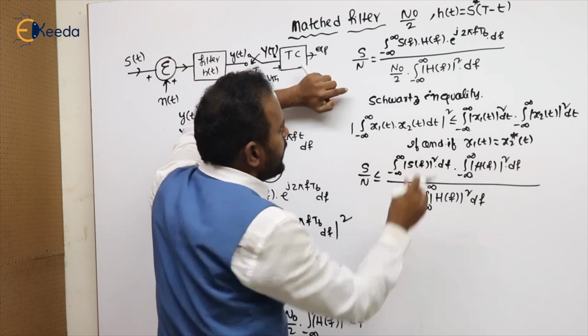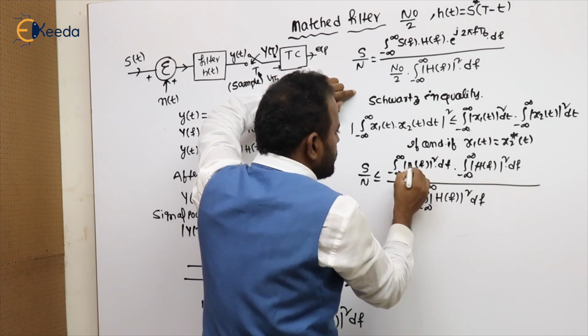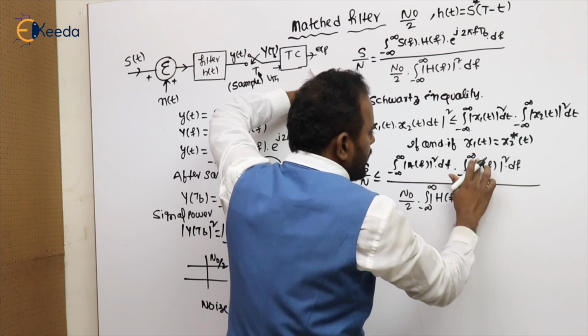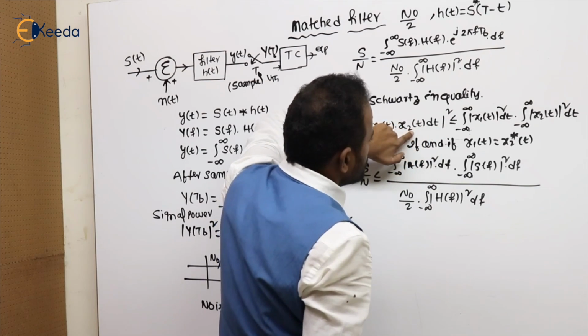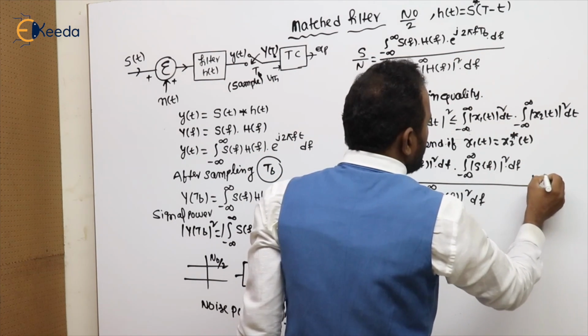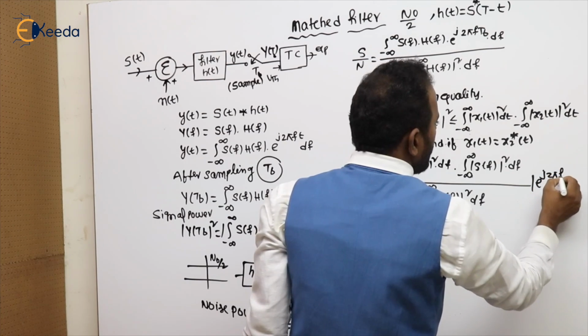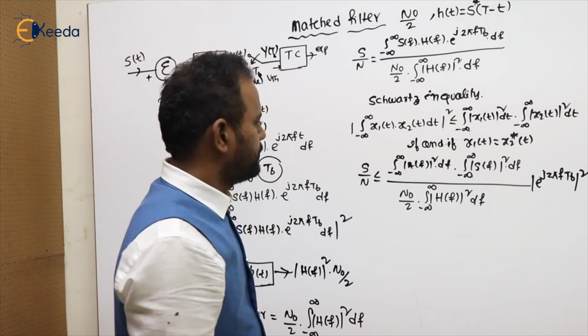For more clarity, I am writing it like this: the first term is H, the second term is S. Now you can treat x1 as H and x2 as S, and the remaining one is mod e power j 2 pi f Tb whole square, which anyway has value 1.